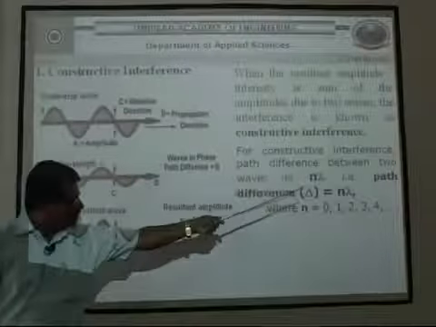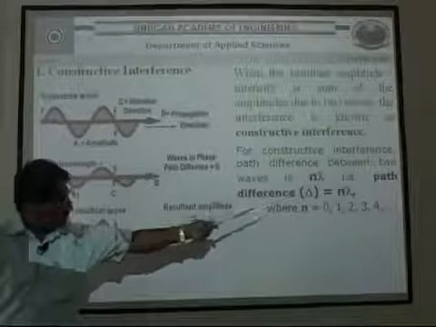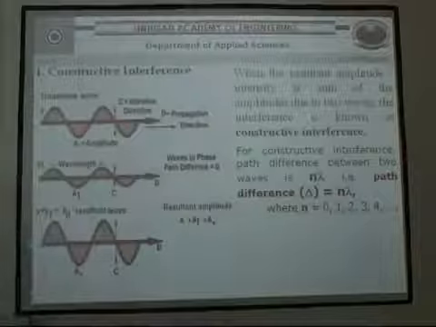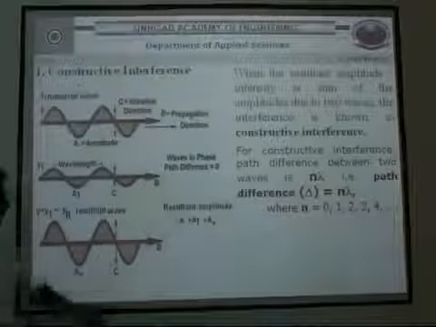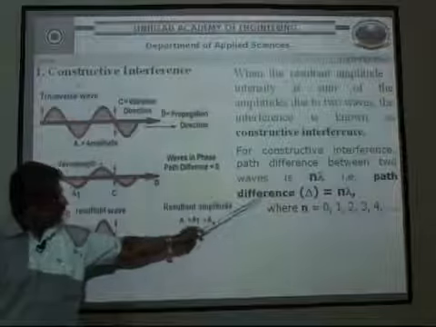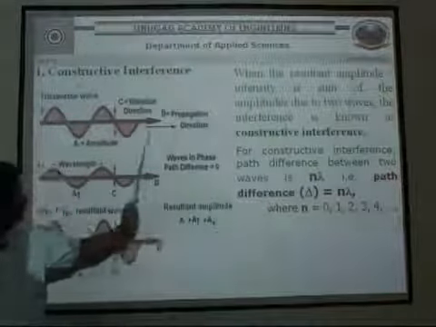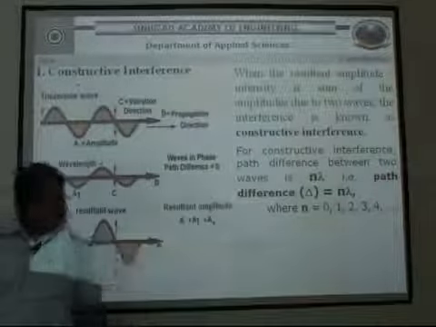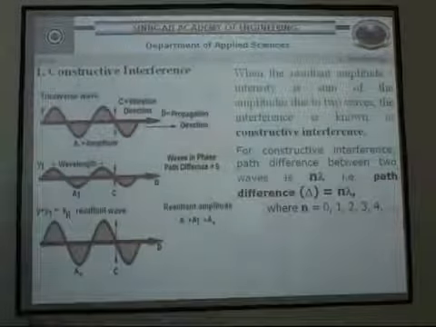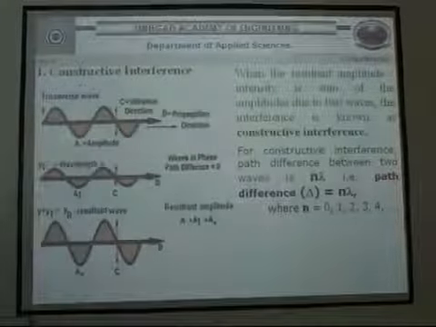For 0, delta is equal to 0, and therefore path difference is 0, and hence this formula is very important for you for this constructive interference, that is, path difference must be n lambda, where n is equal to 0, 1, 2, 3.